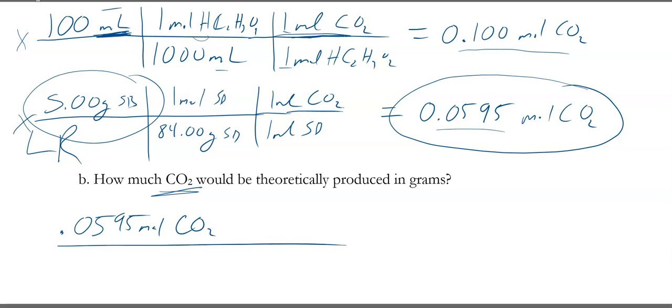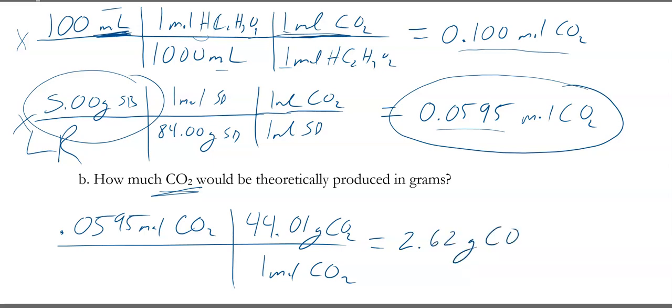And we'll just go ahead and do a quick one-step conversion to go from 1 mole of CO2, so the units cancel, and to get to grams, we're going to need to use the molar mass. And the molar mass of carbon dioxide is 44.01 grams of CO2.